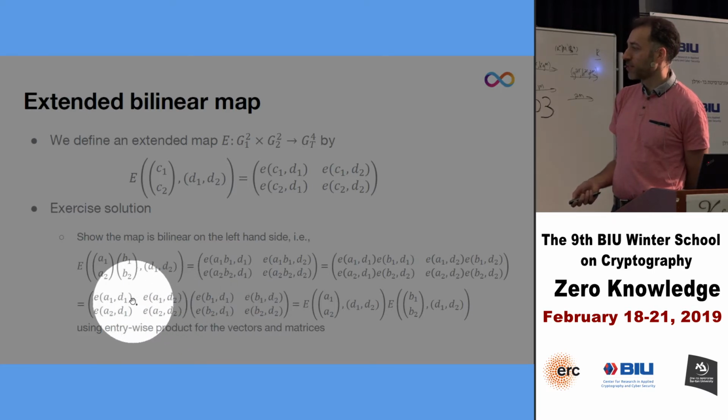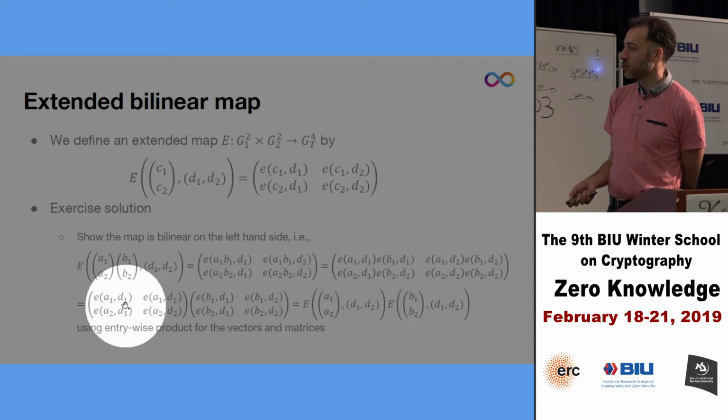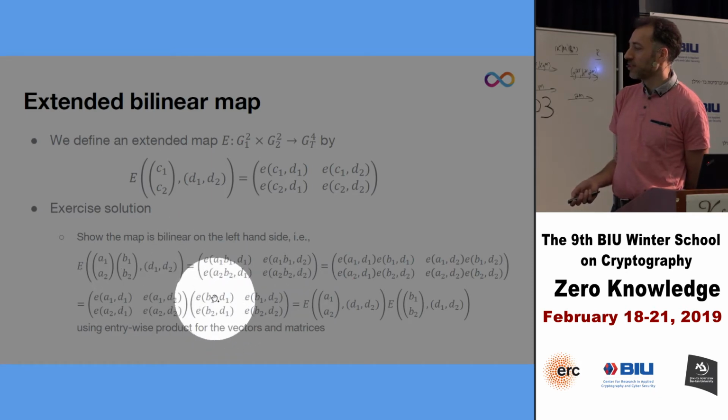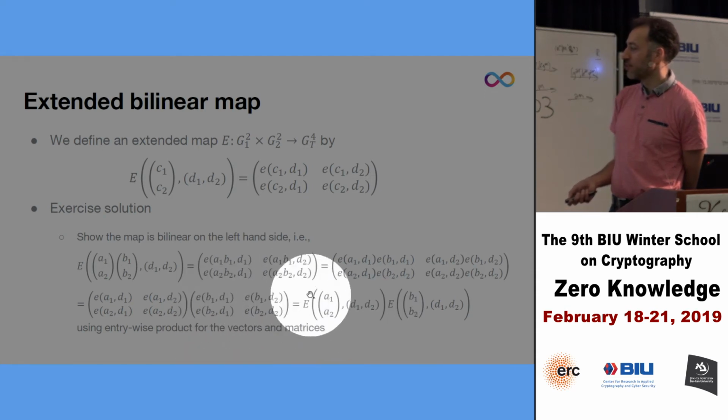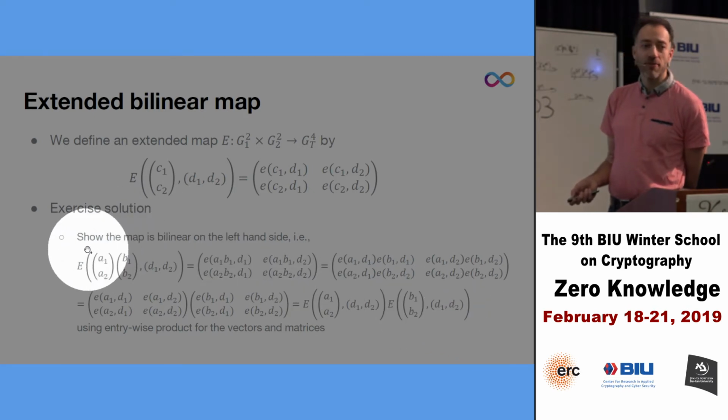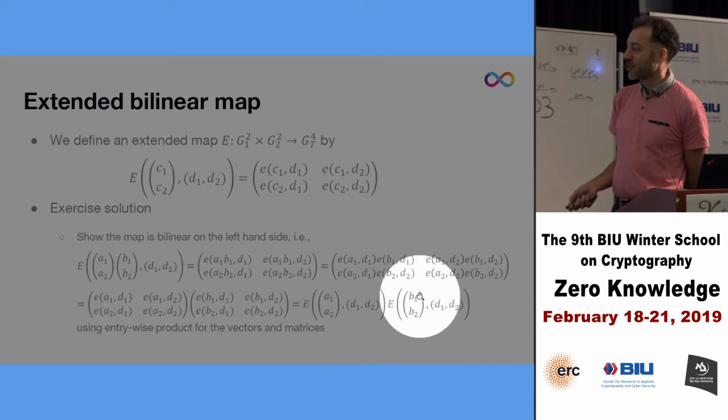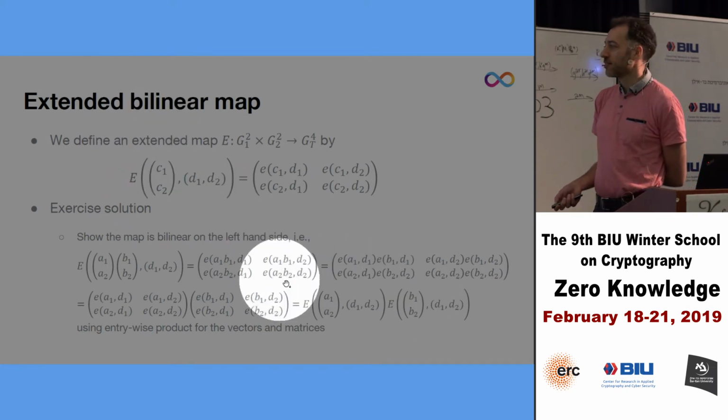By definition, this is the extended bilinear map applied to the A vector with the D vector, and this is the extended bilinear map applied to the B vector with the D vector. That shows that we have the linear property on the left-hand side. And of course, the right-hand side is exactly the same.